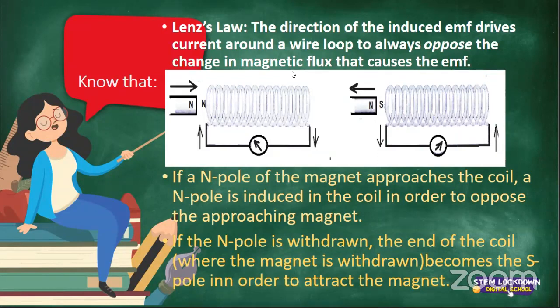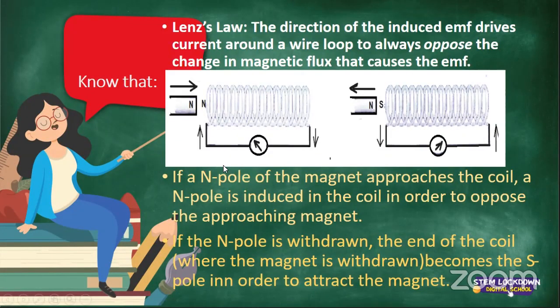So always, the induced EMF will drive the current in such a way that it will oppose the change in magnetic flux that causes the EMF.